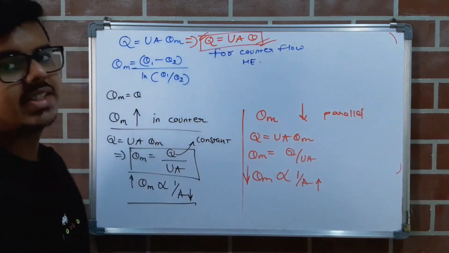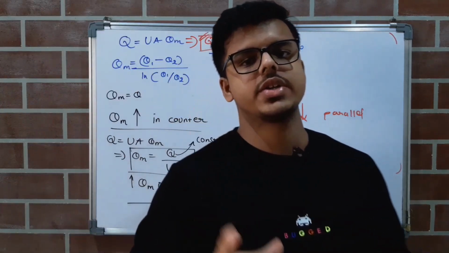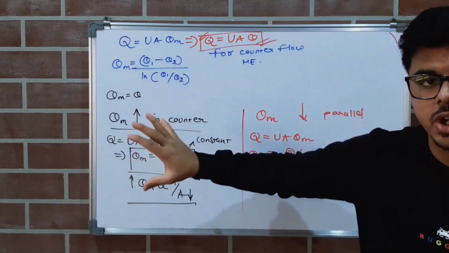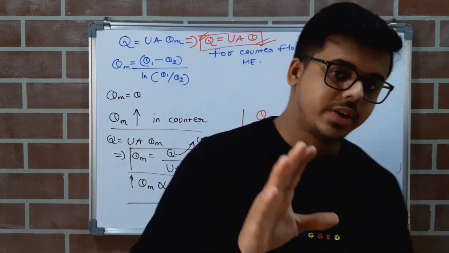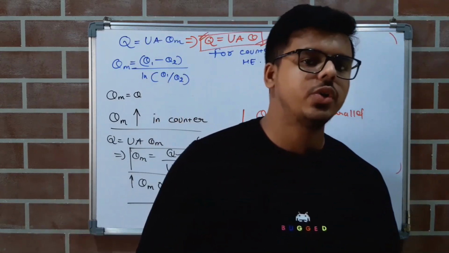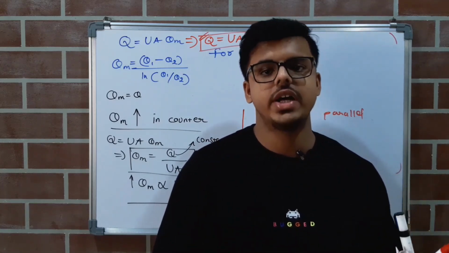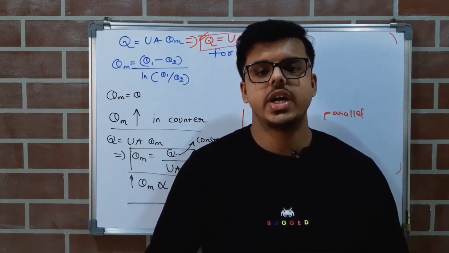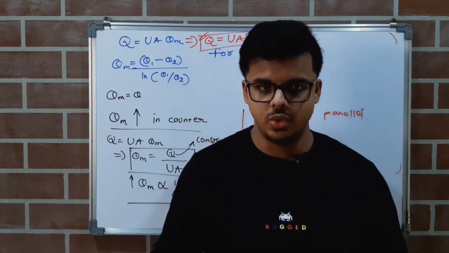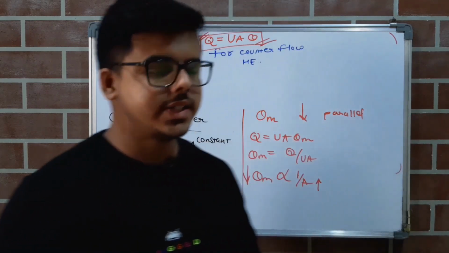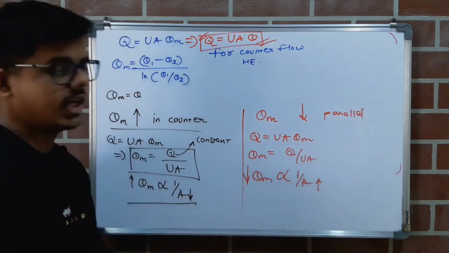So for this reason only the industries prefer counterflow heat exchanger more, right? In the previous video, in the first video, I gave a rough idea, a rough intuition, of why the counterflow heat exchangers are used instead of parallel flow. But the true reason behind this is this. That means area requirement.